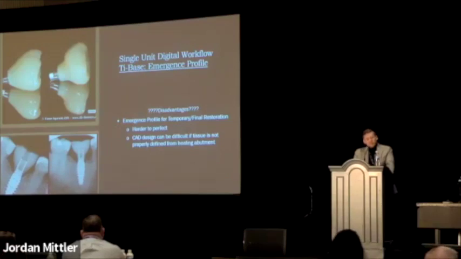On the right side, that's a little bit inadequate restoration. So again, with 3D printing, if you have that one on the top right, you can put that in, let it push the tissue down a little bit, and then switch it out to the one on the left very, very easily. All right. And the better your tissue is prepared, I think we talked a little bit about healing abutments, the better your tissue is prepared, the easier it is to capture that.